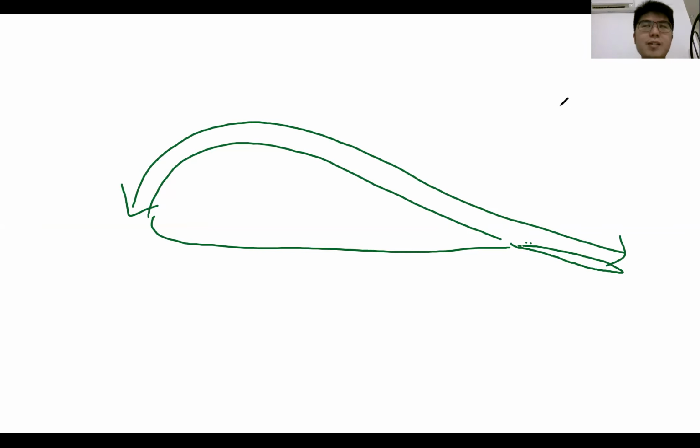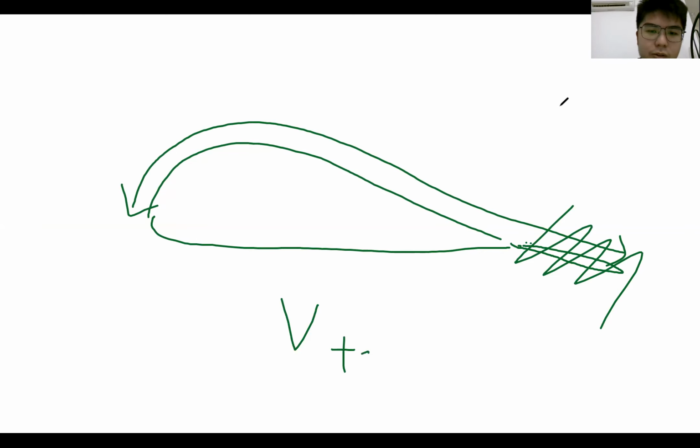So they increase the lift so that they can move at a slower speed to be able to take off. If they don't extend this, they need to reach a higher speed, the takeoff speed, V takeoff. They need to reach a very high takeoff speed to be able to take off.